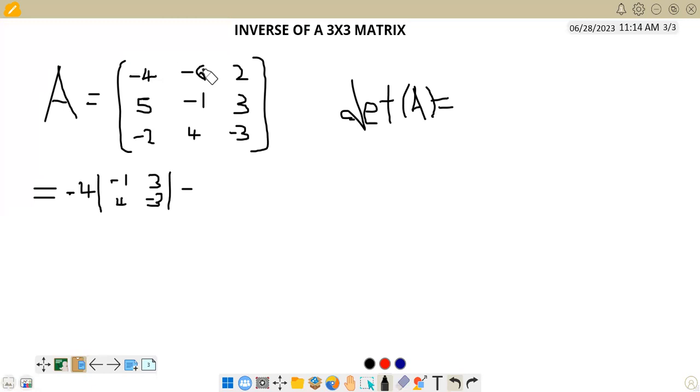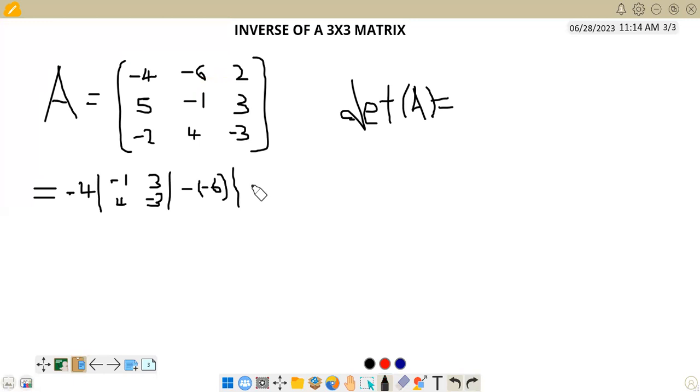This is the row 1, column 2, negative 6. We have this negative 6. Then multiplied by, if we look at this row and then this column, then we are remaining with 5, 3, negative 2, negative 3. So that's what we got.